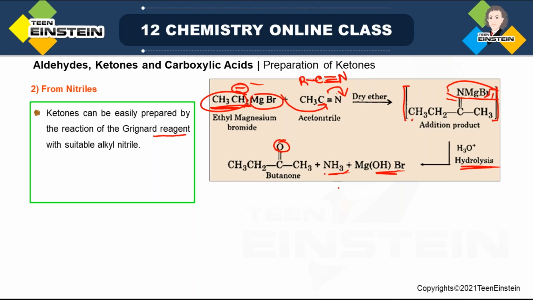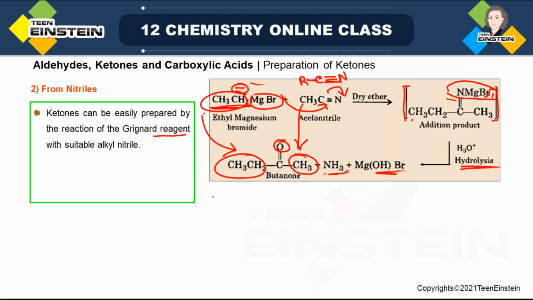But what are we getting? We are getting butanone. So butanone is actually ethyl methyl ketone. This side we have ethyl, other side we have methyl. Ethyl is coming from Grignard reagent, methyl is coming from acetonitrile. So suppose if you know what type of ketone structure you actually want to make, you have to choose the starting material accordingly.